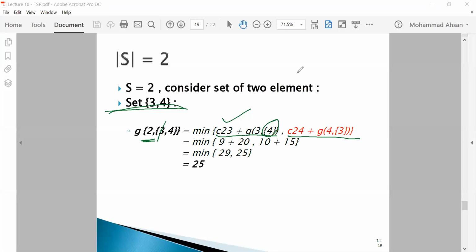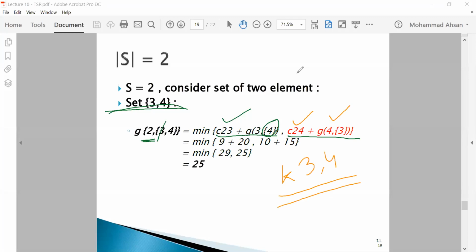And if you decided to go to 4, then you have to add the cost of going from 2 to 4, and then the shortest path from 4, obviously back to 1 through 3, because now you selected 4, so you'll be left with 3. So the k values can be 3 and 4.